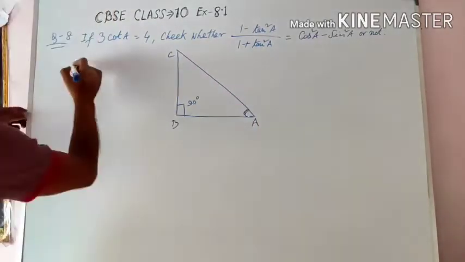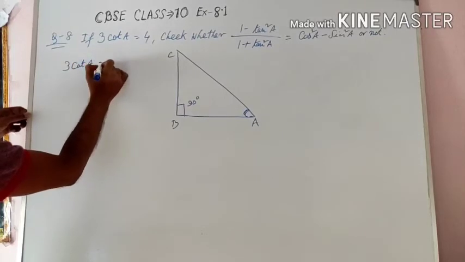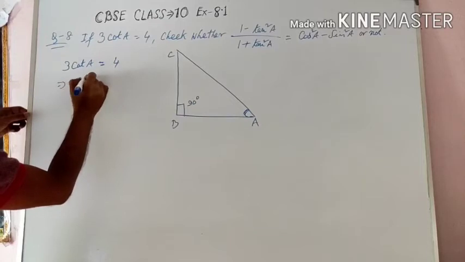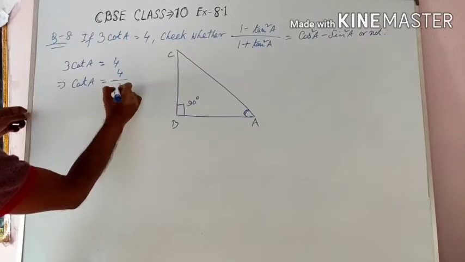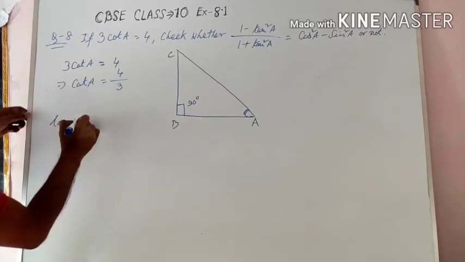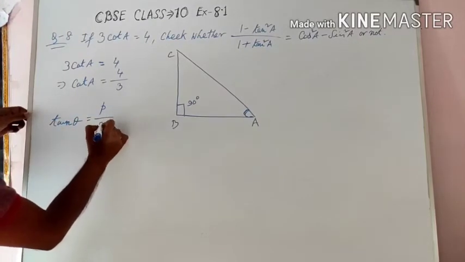So given 3 cot A is equal to 4, or cot A is equal to what? 4 by 3. We know that tan theta is equal to perpendicular by base.